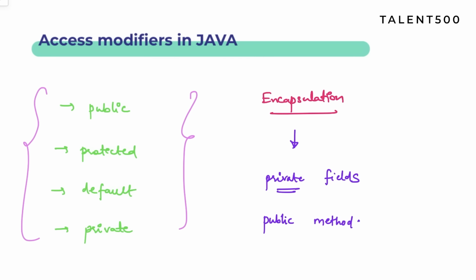And how can you perform that lock? That is all possible with the help of access modifiers. Here I'm just saying private fields, but you can better say locked fields, and how you are going to unlock them with the help of these access modifiers. Now let's move to the next slide.